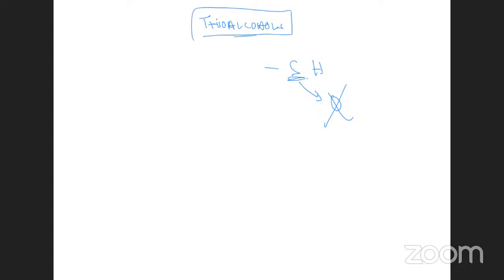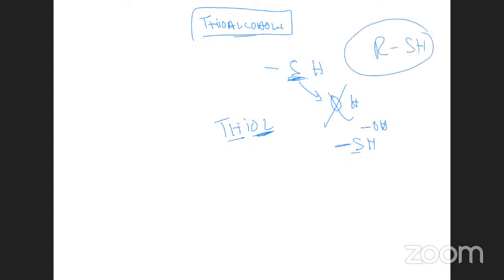It's easier because OH is alcohol and S is thio, so you call it thiols. Whenever you see a thiol, you know that SH is connected.